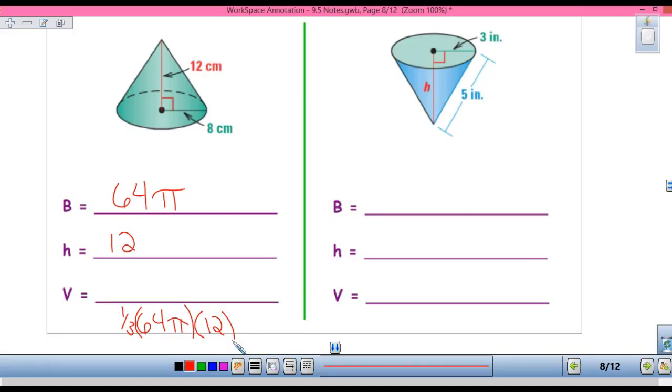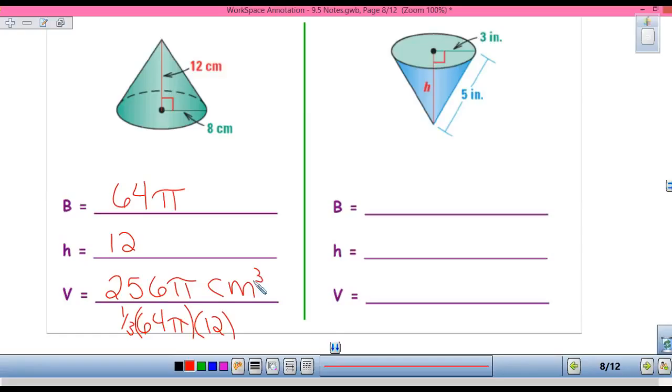Divide it by 3. 256 pi centimeters cubed. Okay, careful. Make sure that it's 256 pi and then centimeters cubed. You can, but I'm okay with just 64 pi.